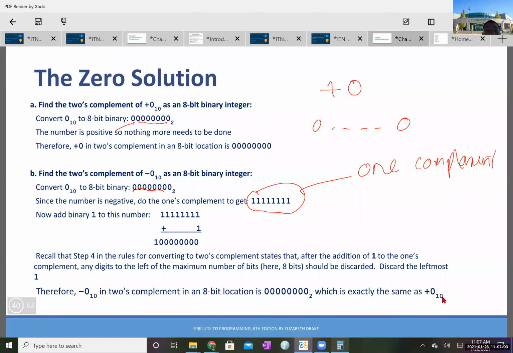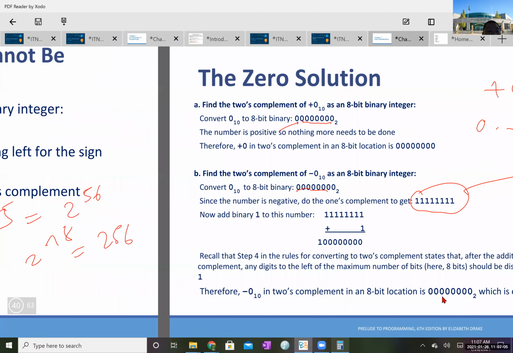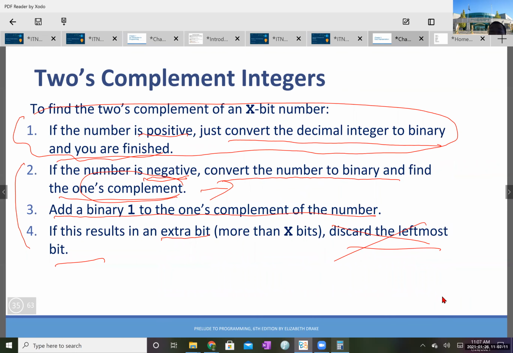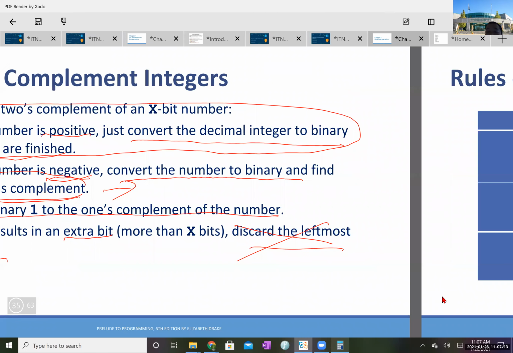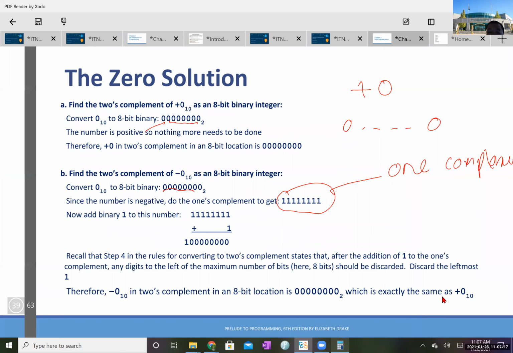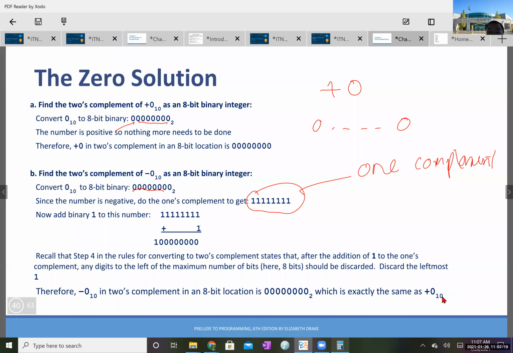Now if you look at this one, when you convert to 1's complement, you have to add number 1 to the 1's complement. So for this one, you add number 1. You see 1 plus 1 is 0, carry over 1, 1 plus 1 is 0, carry over 1, and so on. Now you actually have 9 bits, not 8 bits.